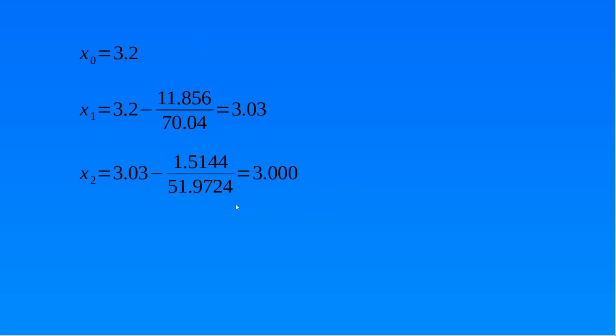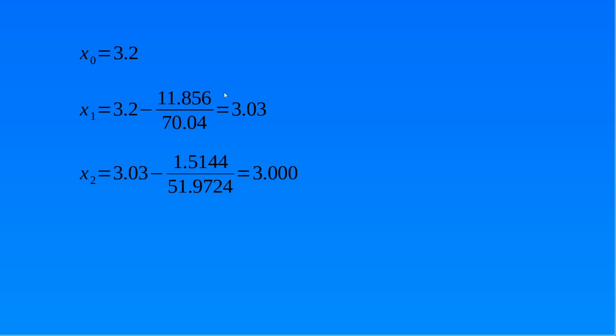So we start with an initial estimate of one of the roots, that is the root which is 3. We make an initial estimate that is 3.2. This is a blind estimate. We really do not know what the roots are. So the first estimate of the root is going to be 3.2 minus 11.856, which is nothing but plugging in the value of 3.2 in the numerator and then plugging in 3.2 in the denominator, we get 70.04.